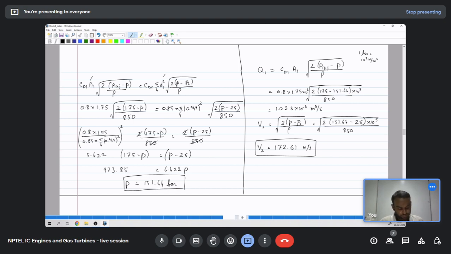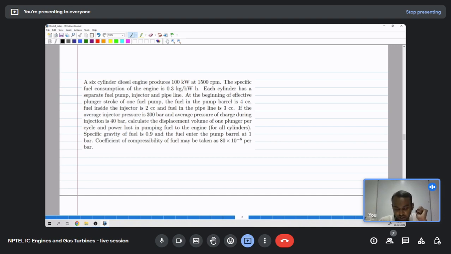Okay, moving on. We have a 6-cylinder diesel engine which produces 100 kilowatt at 1500 rpm. The specific fuel consumption of the engine is 0.3 kilogram per kilowatt hour. Each cylinder has a separate fuel pump, injector and pipeline. At the beginning of the effective plunger stroke of one fuel pump, the fuel in the pump barrel is 44 cc. Fuel inside the injector is 2 cc and fuel in the pipeline is 3 cc.